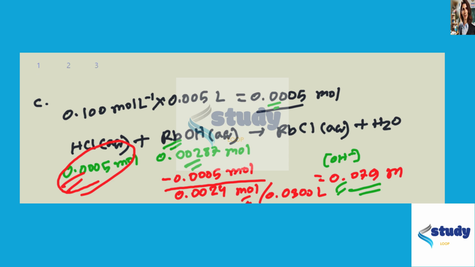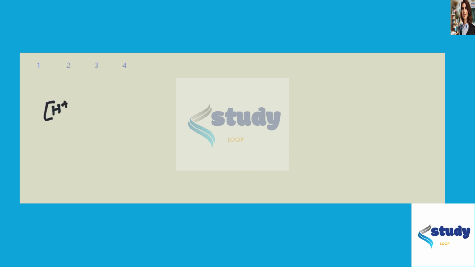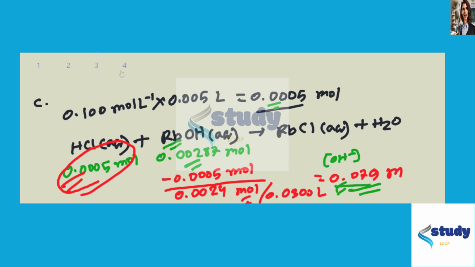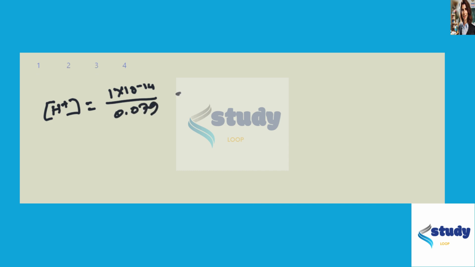So from here we can find the value of H plus ion concentration at that point, which is Kw over the OH minus ion concentration, which we just calculated as 0.079, and from here we will find the H plus ion concentration as 1.26 times 10 to the power minus 13. So this is our H plus ion concentration at that point.